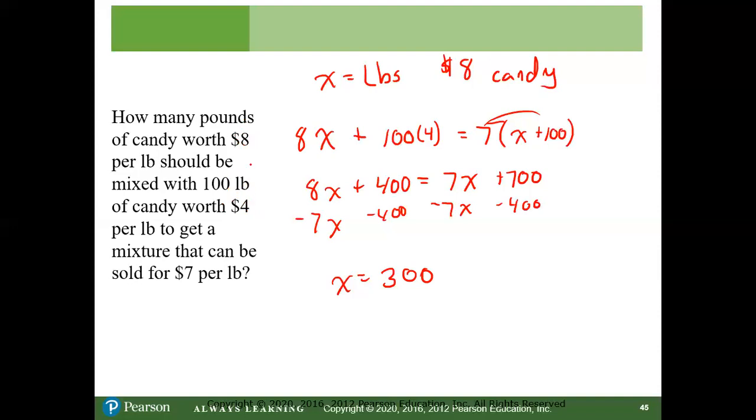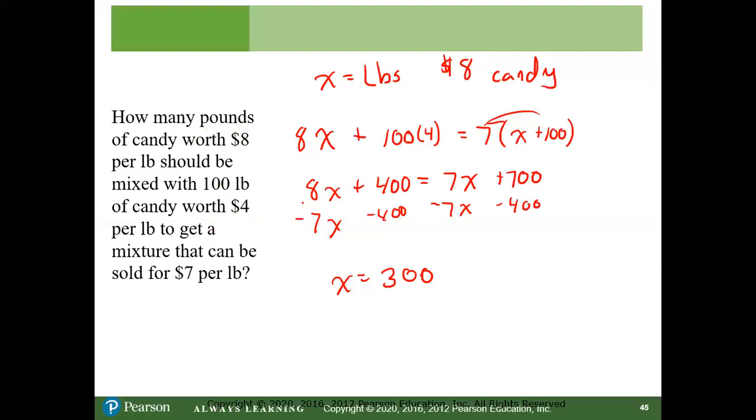So how do you get rid of this $4 per pound product that nobody really wants? Well, maybe you can mix it with this $8 per pound product and sell it for a lower price, but it needs to be fair. You can't make it a 50-50 mix and still sell it for $7 a pound. Nobody would buy it. They would say, I'm still just going to buy the $8 per pound candy. Maybe I'll buy less of it, but at least I feel like I'm going to get my money's worth.